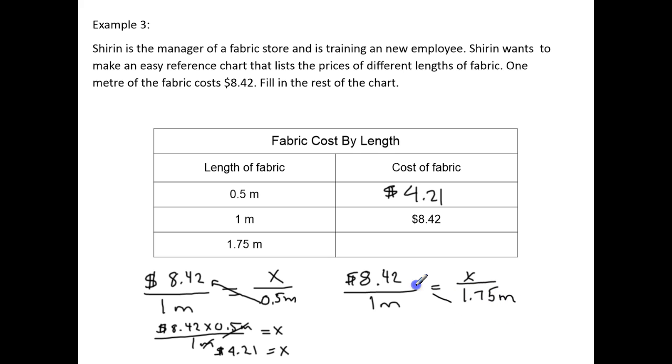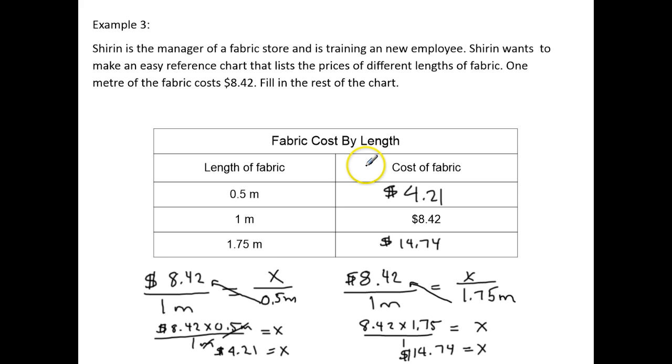Again, we cross multiply and divide. So it's 8.42 times 1.75, all divided by 1. When we calculate that out, we come out with $14.74 as X. And so it came out right in that pocket where we estimated.